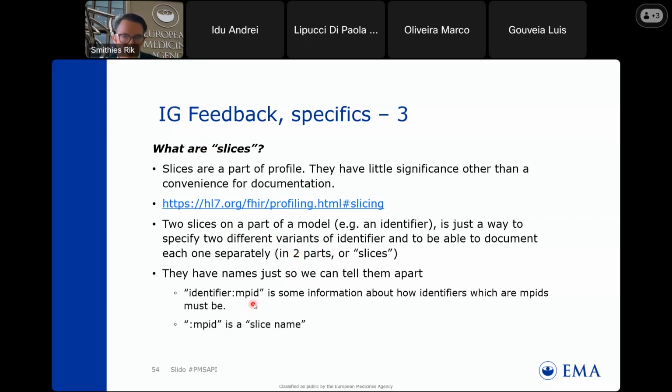An MPID identifier might be documented one way, and another identifier might be documented another way, because they have slightly different rules in the XML. Those things where we go one way or the other are called slices, and that's really all they are. If you see something like identifier:MPID, it means that's a slice name in terms of FHIR. So a technical thing, nothing to worry about. You can read about it in there if you want to know how that works.